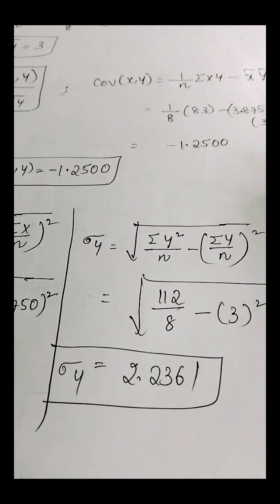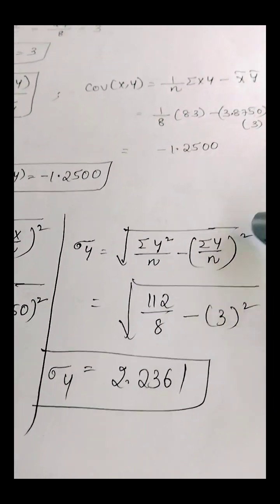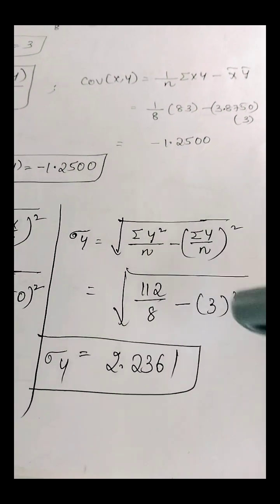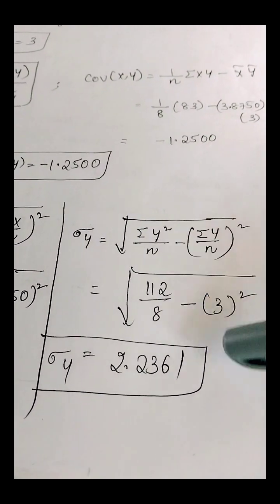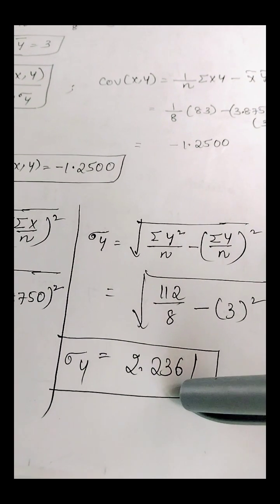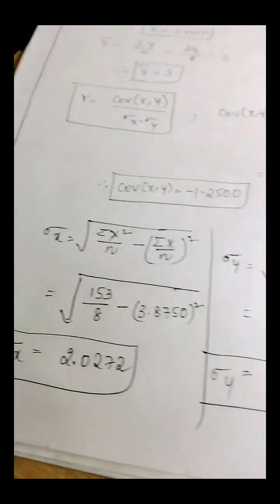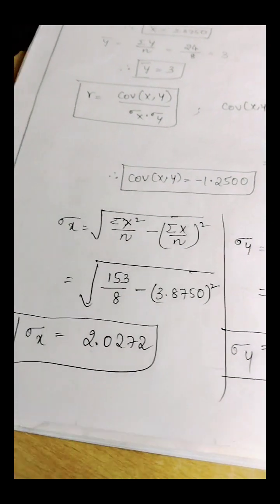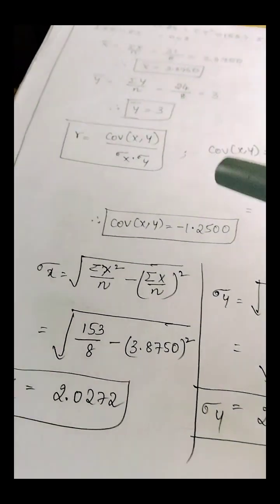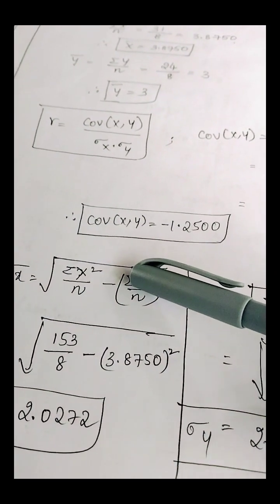the formula under root summation y square by n minus summation y by n whole square. Instead of writing summation y by n, we can write y bar whole square, where y bar is equal to 3. We got the value of sigma y as 2.2361 and sigma x as 2.0272. And you already know the value of covariance of x comma y.